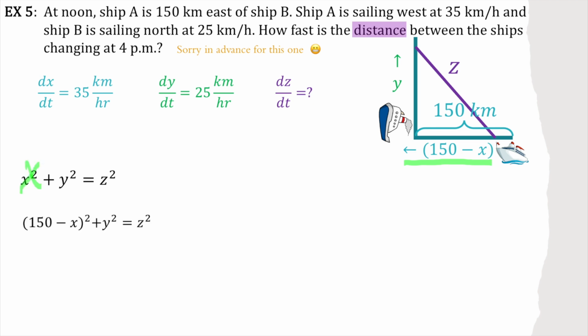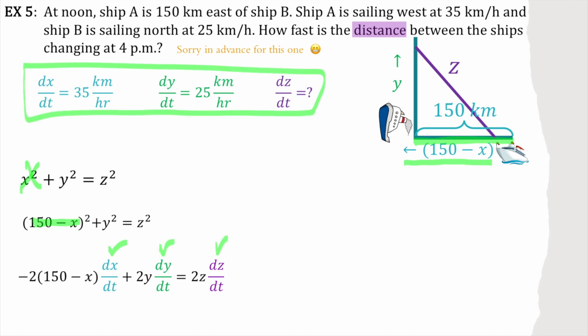We have to use the 150 minus x, because that's actually the length of the side of that triangle. We have all the information, so let's start solving, taking the derivative with respect to time, and dx/dt, dy/dt, and dz/dt. Each of these we have accounted for up here.